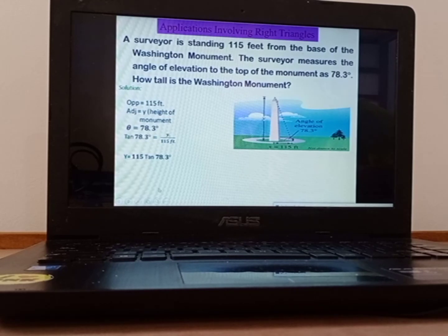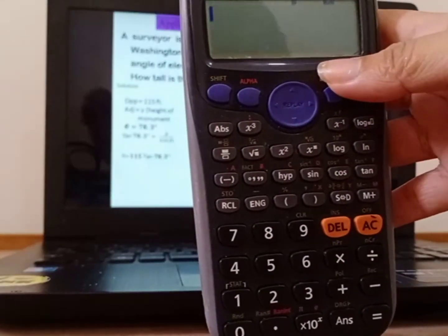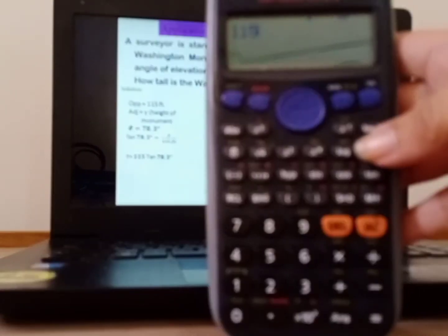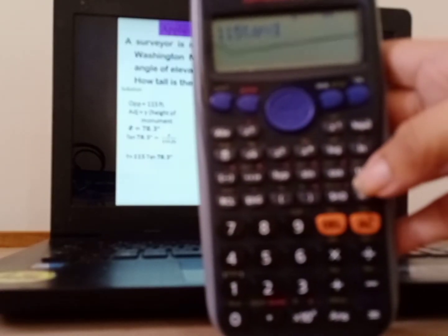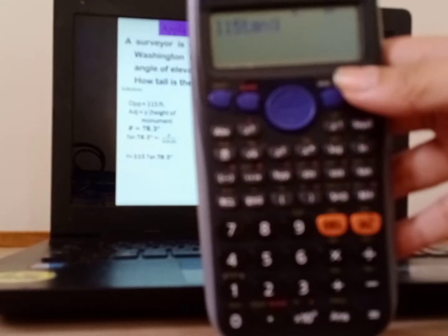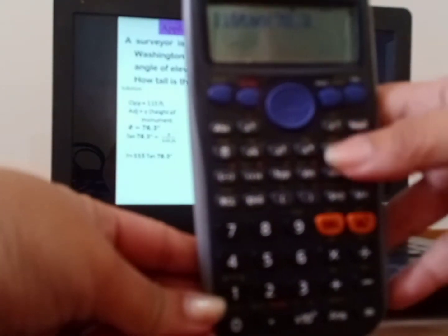So using your calculator, you will have to press 115, then tangent 78.3 degrees, close parenthesis.